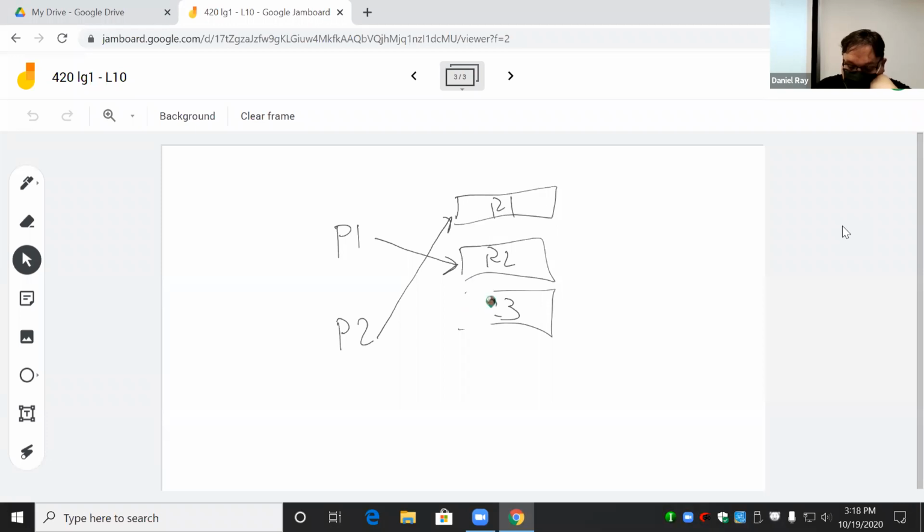And then I ask for this one, and you ask for this one. Okay. So in the order of request, P1 went R2, R1, and P2 went R1, R2. Okay. So the only way to get a deadlock is if there's some switching up of the order in which the resources are allocated.